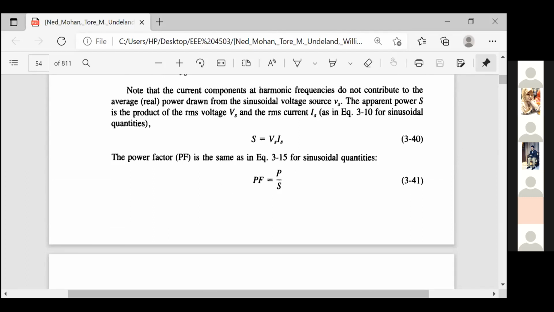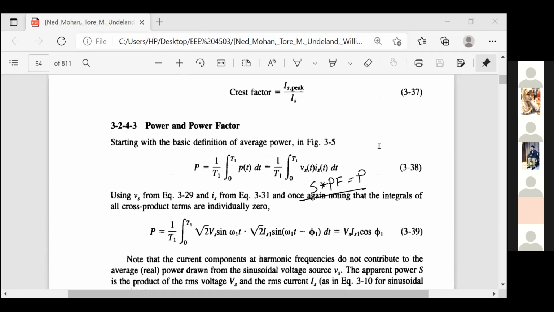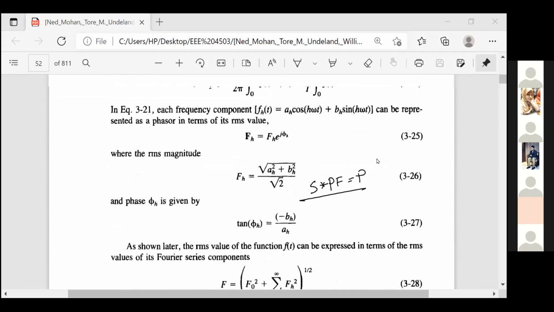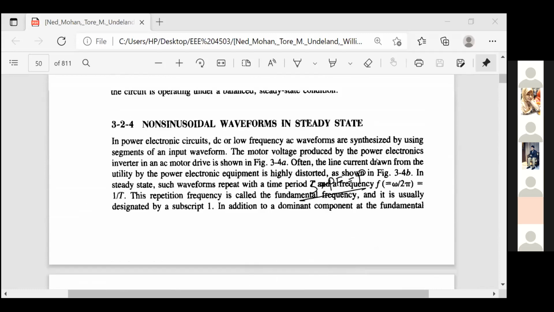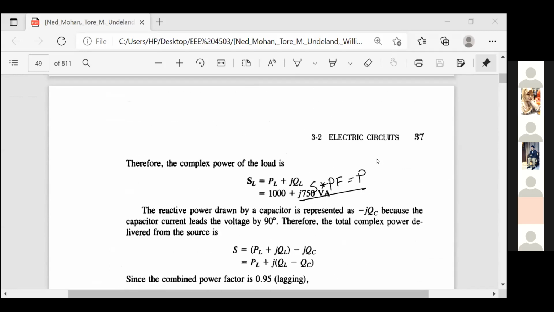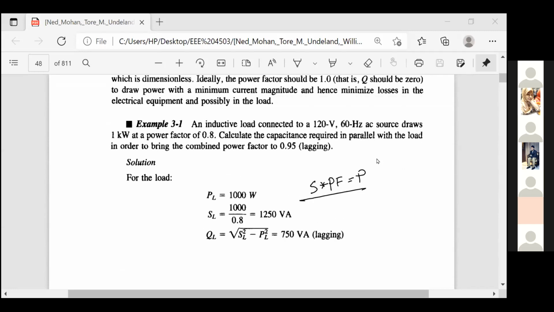So apparent power multiplied by power factor should be your P. Let me go back, 3.10.